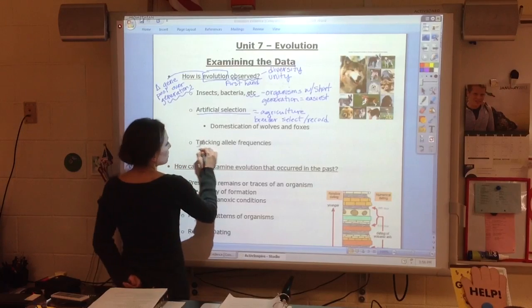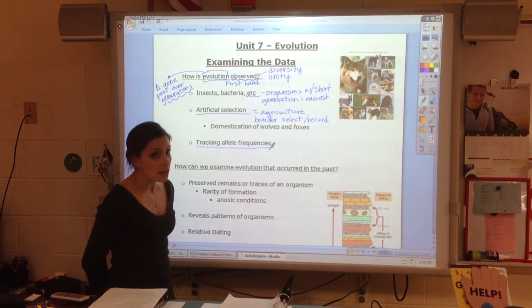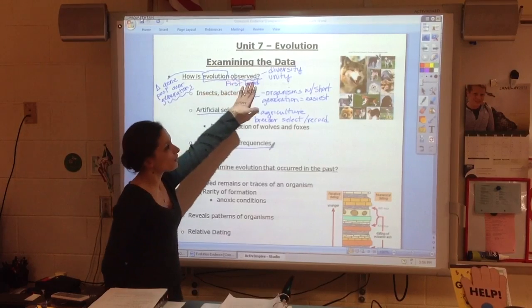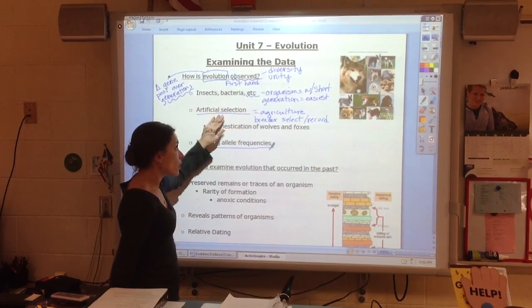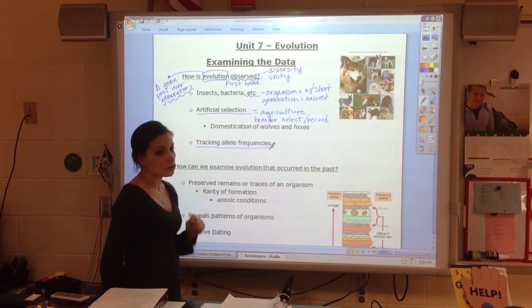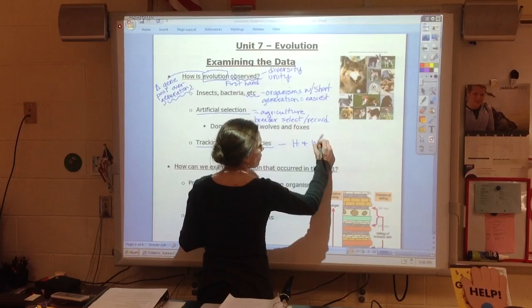And so here comes this idea again of allele frequency. So if I want to see evolution, first I can look for organisms with short generations, or I can look for artificial selection, or I can track the allele frequencies. A couple of things to remind yourself of here.